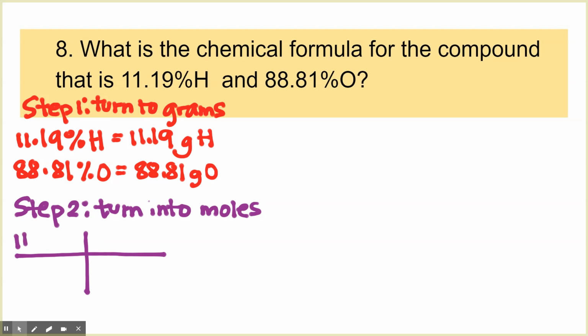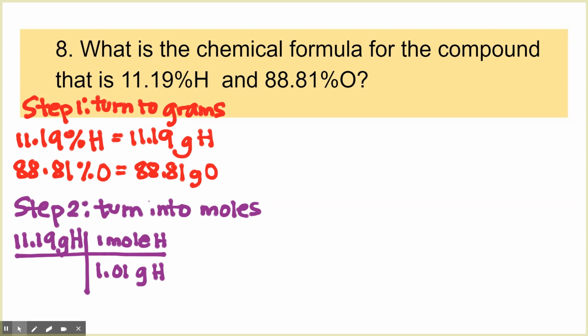I got 11.19 grams of H. You need the molar mass: 1 mole of H is its atomic mass. Go grab a periodic table and you'll see that 1 mole H is equal to 1.01 grams of H.